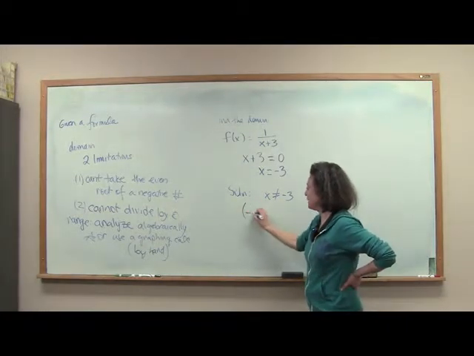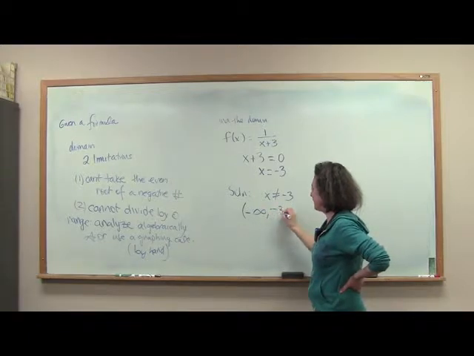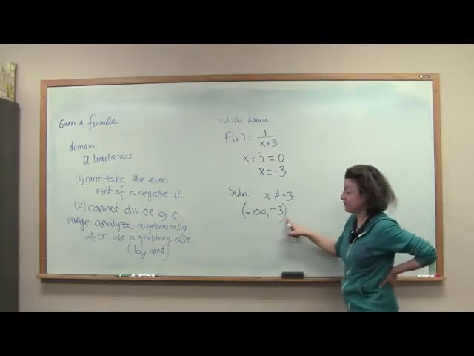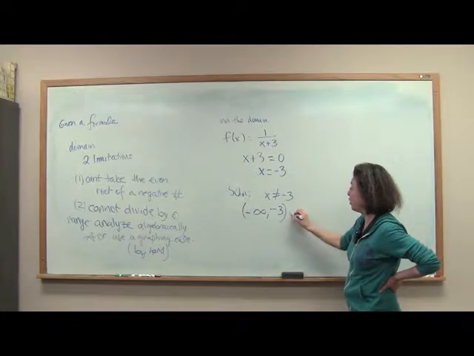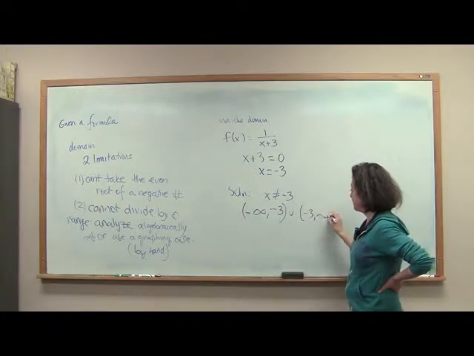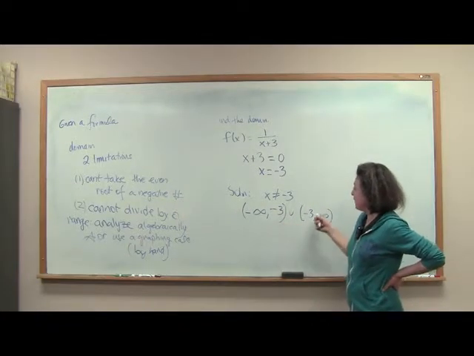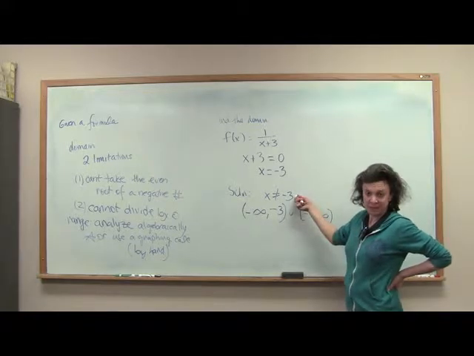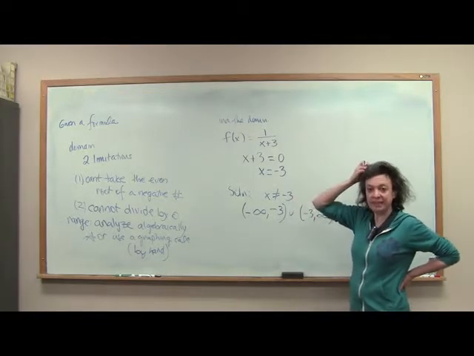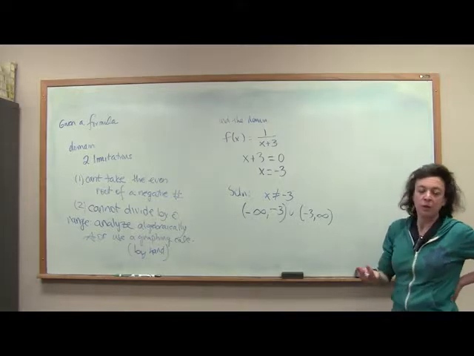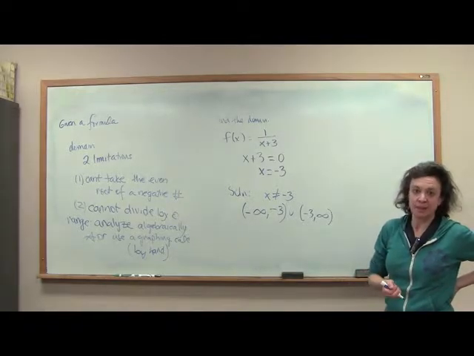We could write that as, okay, we can go from negative infinity to negative 3. Notice I have a parenthesis because we can't take on that value. Or negative 3 up to infinity. This is equivalent to saying x can't be negative 3. Whichever way that you're used to writing it is acceptable for me.